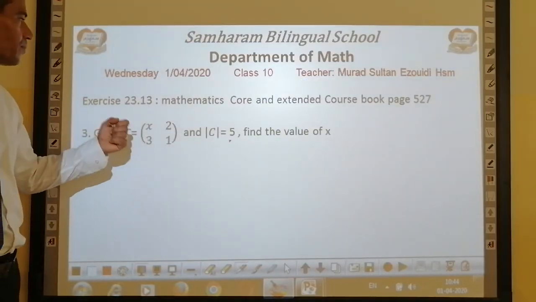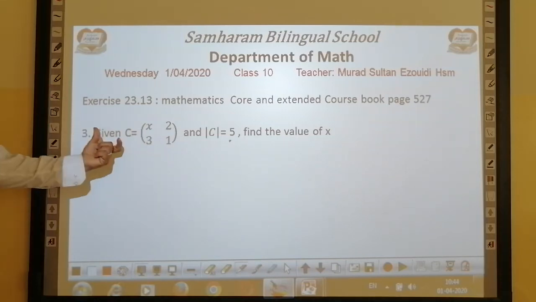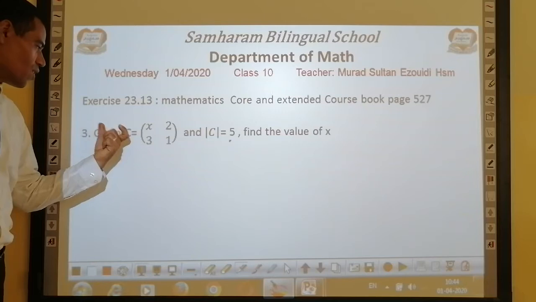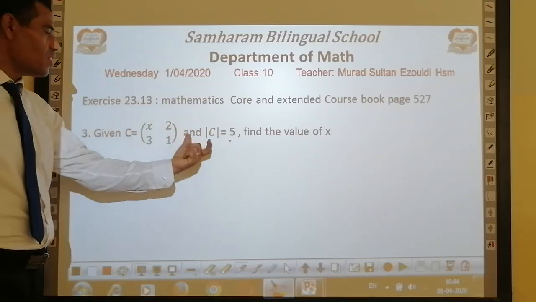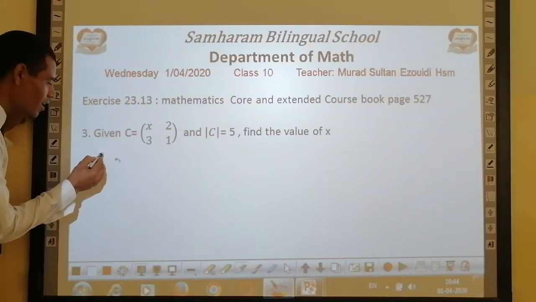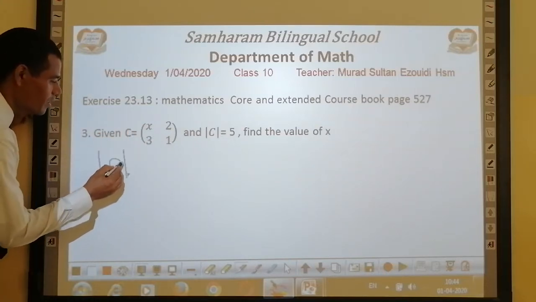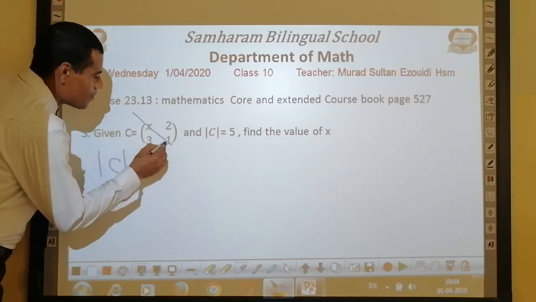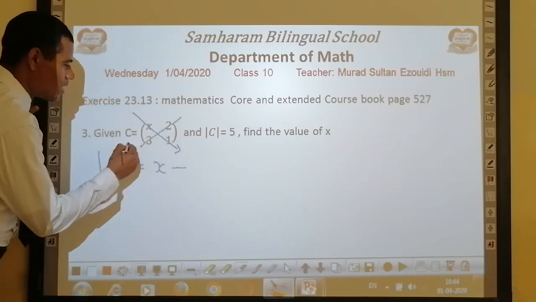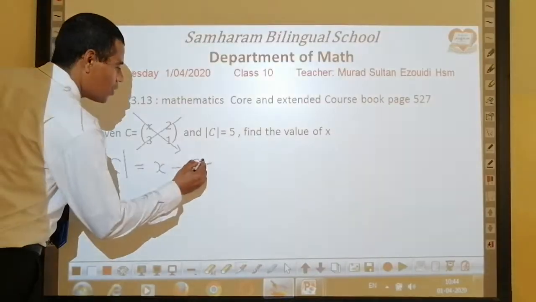Okay. The next example. Given that x, the square matrix of order 2, C, and its determinant is 5. Find the value of x. The same here, I will calculate what? The determinant. What is the determinant? X multiplied by 1 is x, minus 2 multiplied by 3 is 6, equals what, my kids?